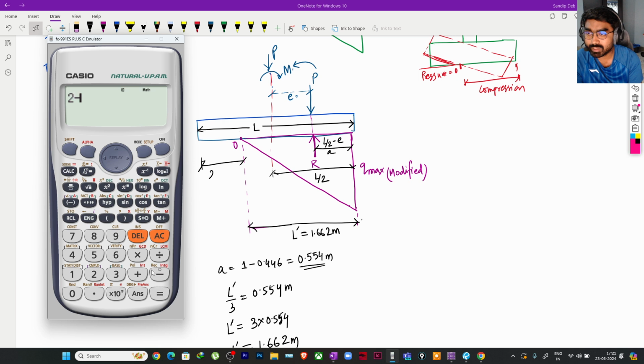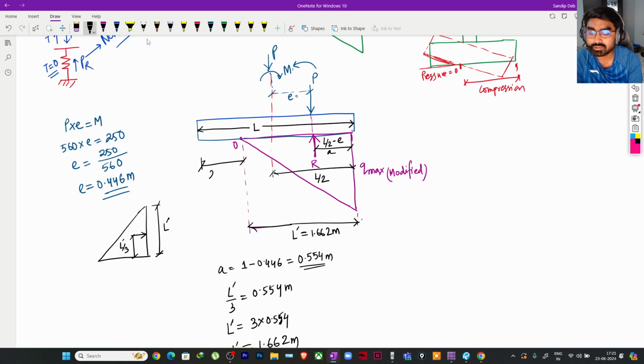So 2 minus 1.662, so the uplifted width is 0.34. If I just write it here, this is equal to 0.34 meter uplifted width.